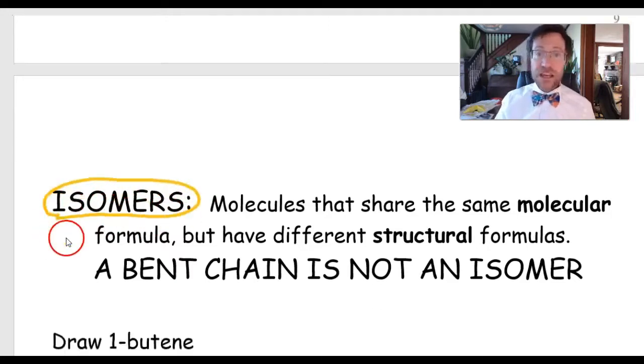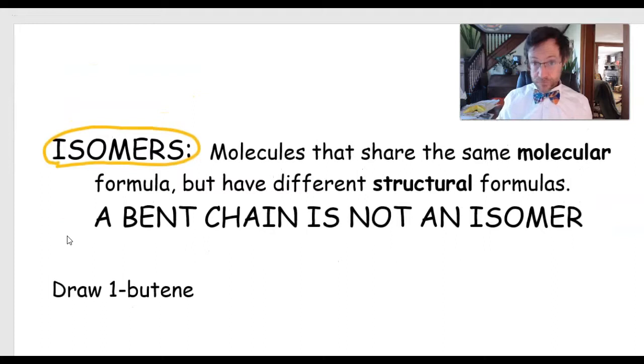So isomers. These are molecules that have the exact same number of atoms, but they have a different shape. It's like you make something out of 50 Legos, you break it apart, you make something completely different out of 50 Legos. The exact same number of bits and pieces. So this one might have 20 carbons and 50 hydrogens.